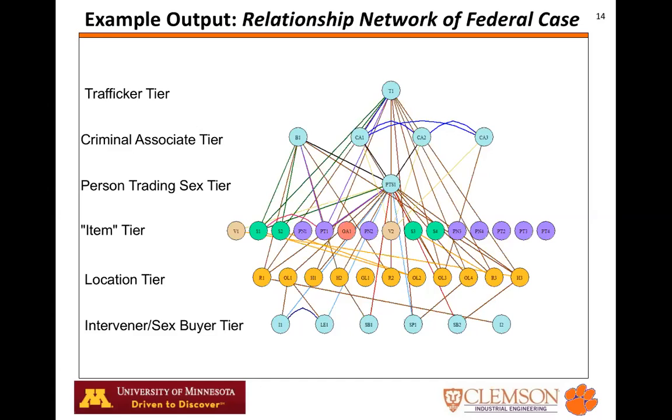We've shown this kind of visualization to the advisory group, just to see what they pick up on or what they comment on. And they often explain that there's clearly missing data. A simple example here is T1 at the top is the trafficker that was prosecuted in this case, and then B1 is the trafficker's bottom.